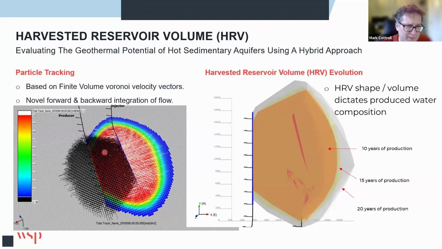what that allows us to do is understand how much, at a given time, we are producing natural reservoir waters, or are we producing water that has actually been injected and just heated up? So it allows us to understand where the water is coming from within that aquifer.